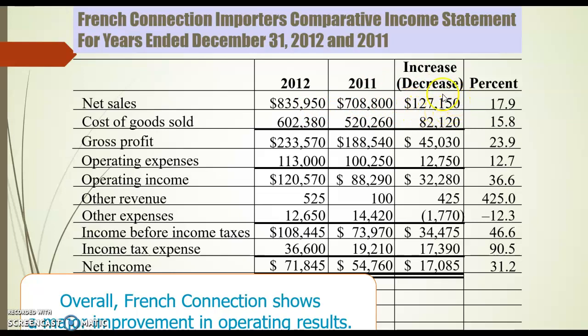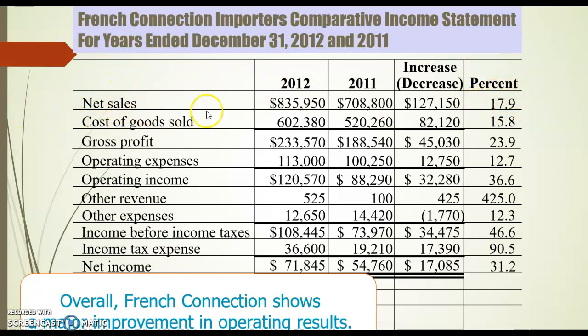So the change in sales is $127,150. Then we took that change, divided it by the old number, just the 708,800 of 2011, and we got 17.9% change. So this is more than 10 or 12%, and so we would want to investigate it.